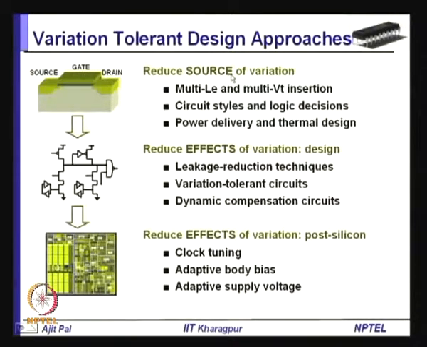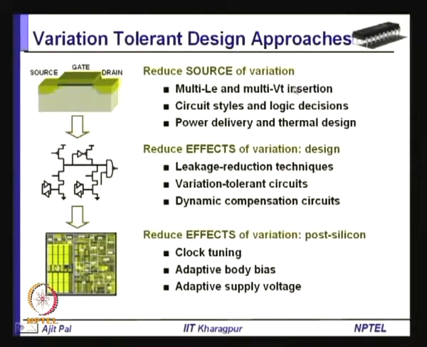How can it be done? It has to be done by using suitable fabrication of the device, so that the device is fabricated in such a way that it reduces the source of variations. For that purpose, you have to realize circuits with multiple channel lengths and multiple threshold voltages, that is, multi LE and multi VT insertion.